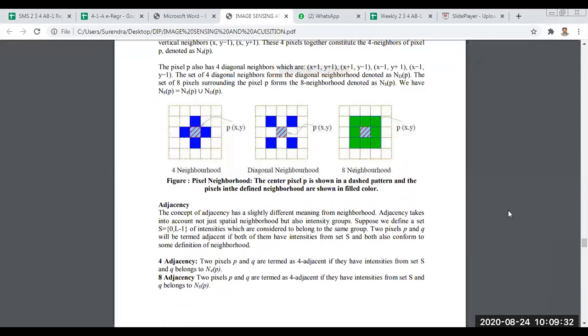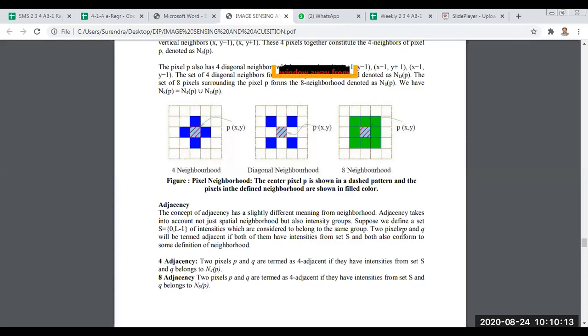If you place two images adjacent, and consider one pixel from the first image and one pixel from the second image, let us consider the first pixel is p in the first image and the second pixel q in the second image, but both have the same intensities, in the range S equal to 0 to L minus 1. Here let us consider either 8 levels, 32 levels, 64 levels, or 256 levels. Most probably we consider 256 levels. Here I am generalizing S equal to 0 to L minus 1.